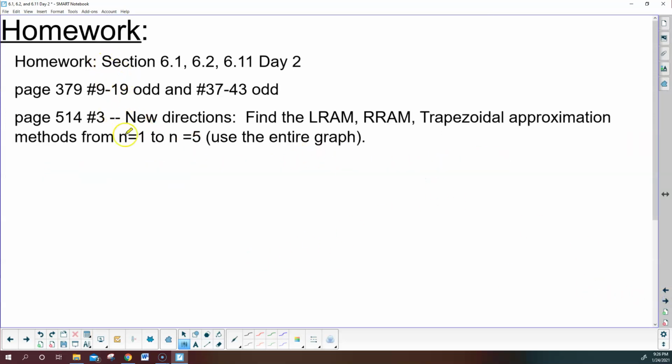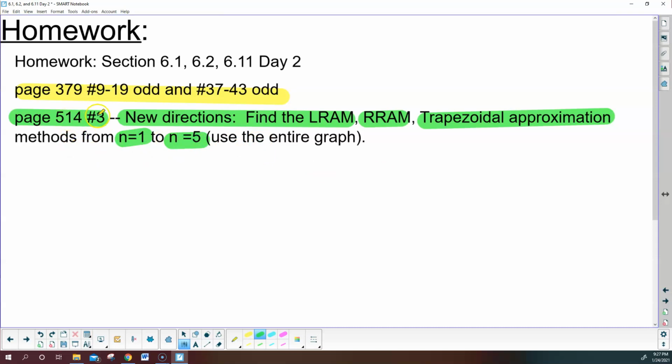Okay, so here's what we got. Your homework tonight is, we watched 2 different videos. The first page is all antiderivatives. And then on the second page, it's one problem, but I want you to use these directions. Find the LRAM, RRAM, and trapezoidal approximation method, and they give a graph. Use the entire graph.